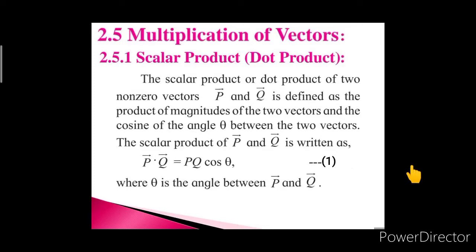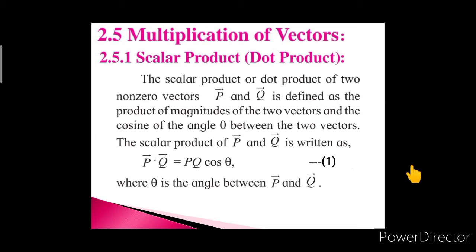So the two vectors given in magnitude and direction are multiplied with each other, making an angle theta between them. The result of the multiplication will be the product of the magnitudes of the two vectors and the cosine of the angle theta between them.